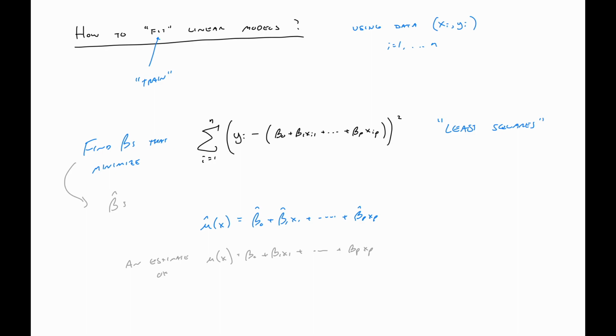Hopefully this is more or less review, but that's the general idea. We have some data. We have a form of the model that we assume, in particular, this linear combination of the predictors, and then it spits out estimates of those unknown beta parameters. So we're assuming a model up to, but not including, the values of the parameters, and then this procedure, which we run the data through, gives us estimates for those parameters.